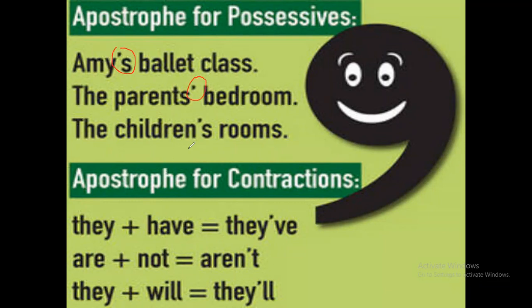If it's plural but it doesn't end with S, we're going to add apostrophe and S. It will come after the nouns here. But in these words, this apostrophe is for contraction, like they have, they've; are not, aren't; they will, they'll.